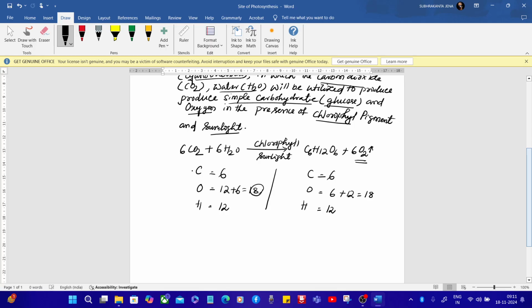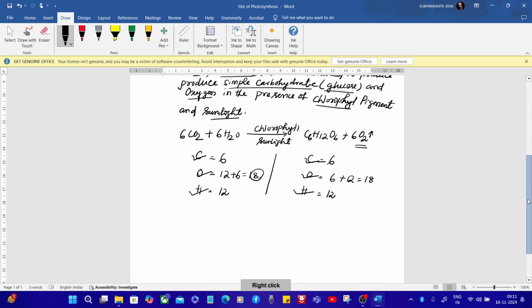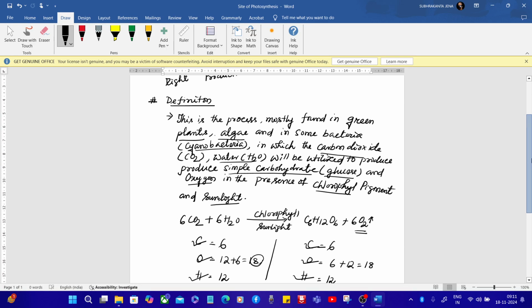So if you compare the number of carbon atoms, oxygen, that is 18 here and here, and hydrogen, that is 12 and 12, now our reaction is balanced. So there will be no more confusion regarding what is photosynthesis.